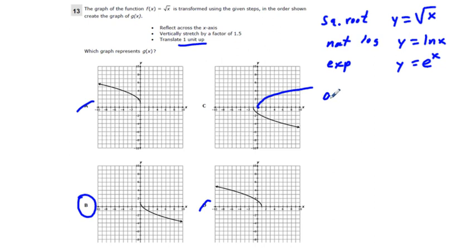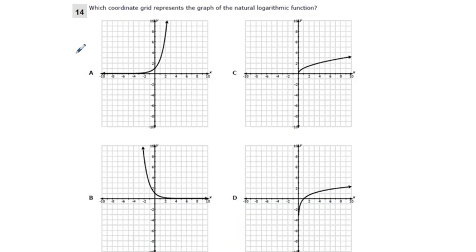It will have the absolute value function. Okay, it's going to be y equals absolute value of x. We'll have the reciprocal function. I'll just put recip, y equals 1 over x. So knowing the basic parent functions of precalculus is very helpful, which helps us here for problem 14. Which coordinate grid represents the graph of the natural logarithmic function?